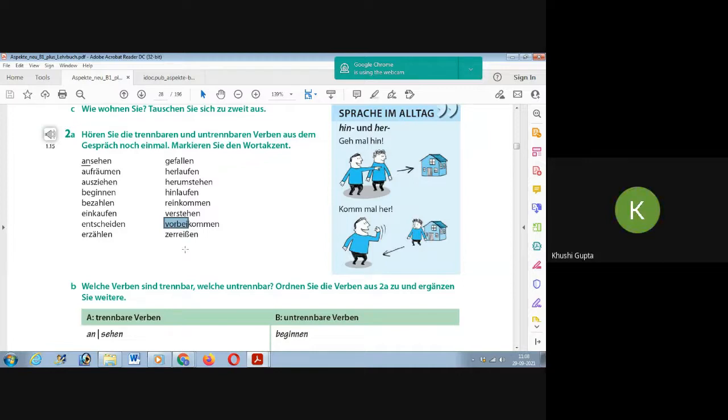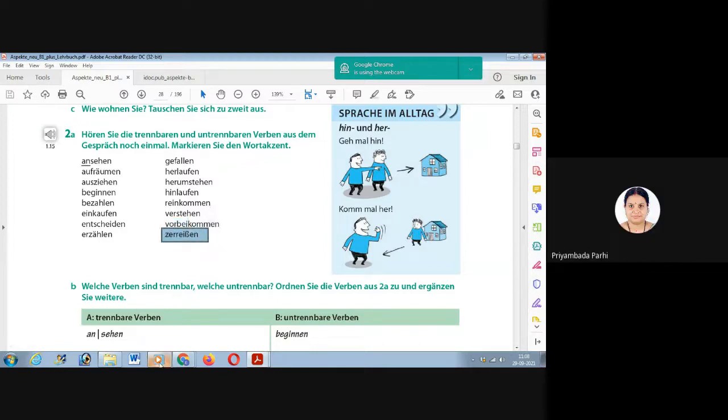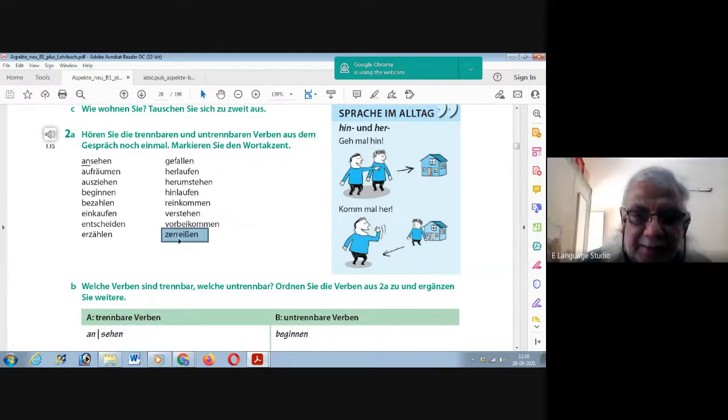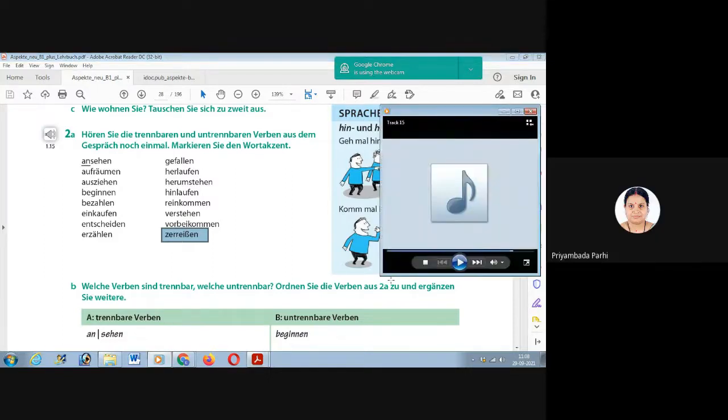Vorbeikommen. And what about the last one? Nicht trennbar. Zerreißen. Zer is not separable. Okay, zerreißen.